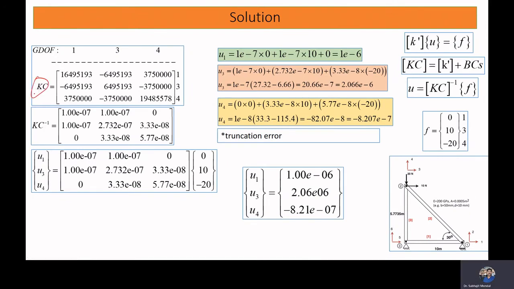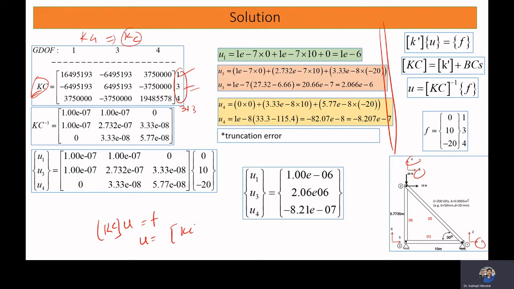After applying the boundary conditions, we can write Kg as Kc, the constrained stiffness matrix, whose size is 3 by 3, corresponding to degrees of freedom 1, 3, and 4, which are the free degrees of freedom. So we can write Kc times U is equal to the force vector, so U is equal to Kc inverse times F. That we can do. Now what we have to do is take the inverse of that K matrix.